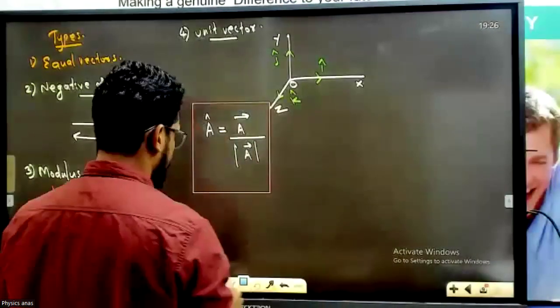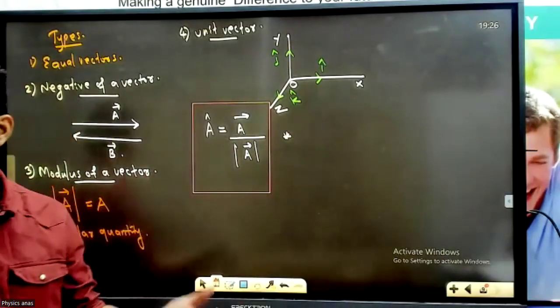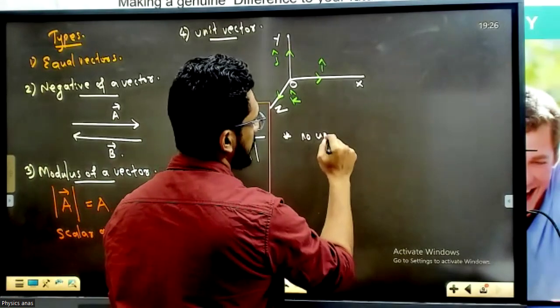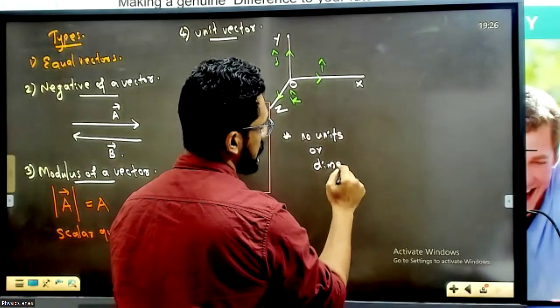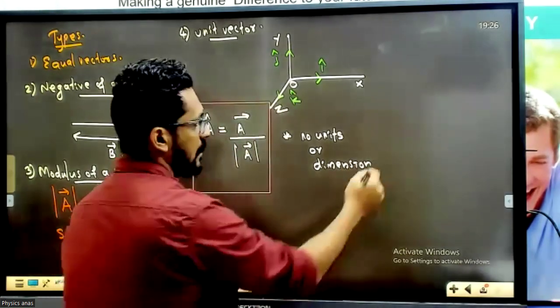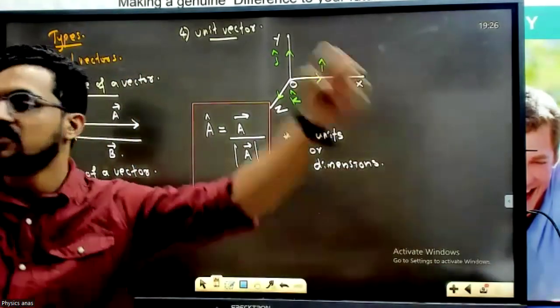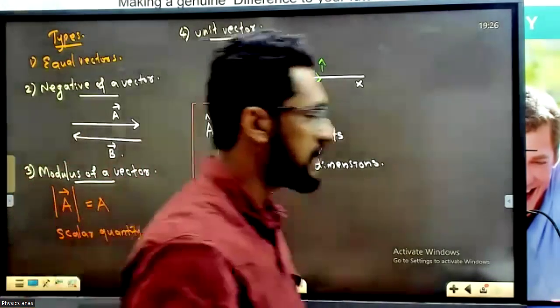So you can add that unit vectors have no unit or dimension. You got it? That's about the unit vectors.